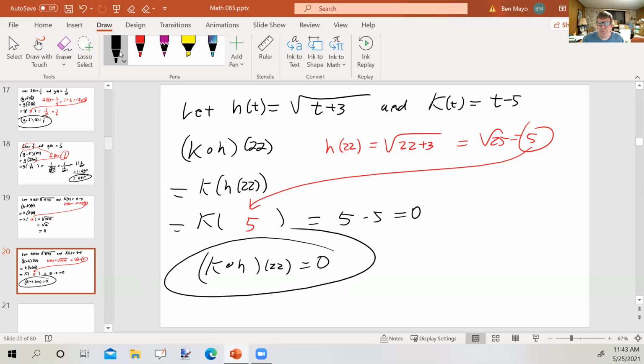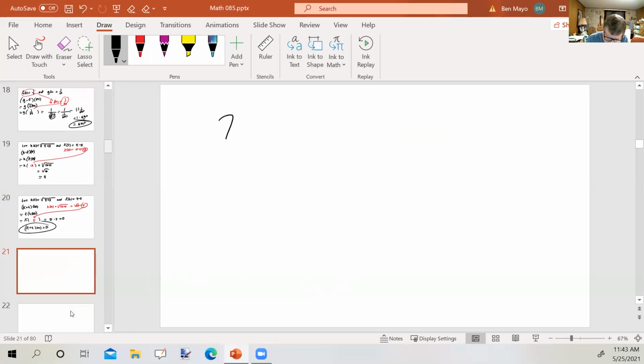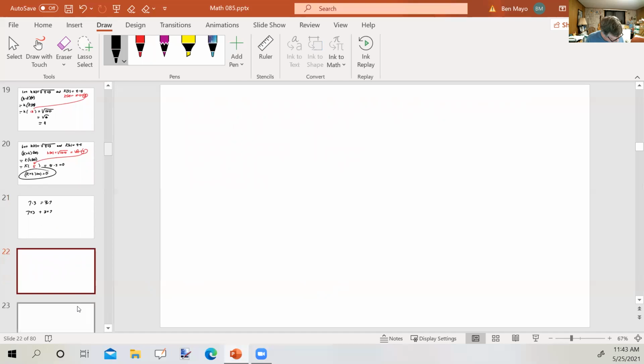All right, now multiplication is commutative. 7 times 3 equals 3 times 7. Addition is commutative. 7 plus 3 equals 3 plus 7. What about composition? Is composition commutative? Well, let's take a couple of functions and see what we get.